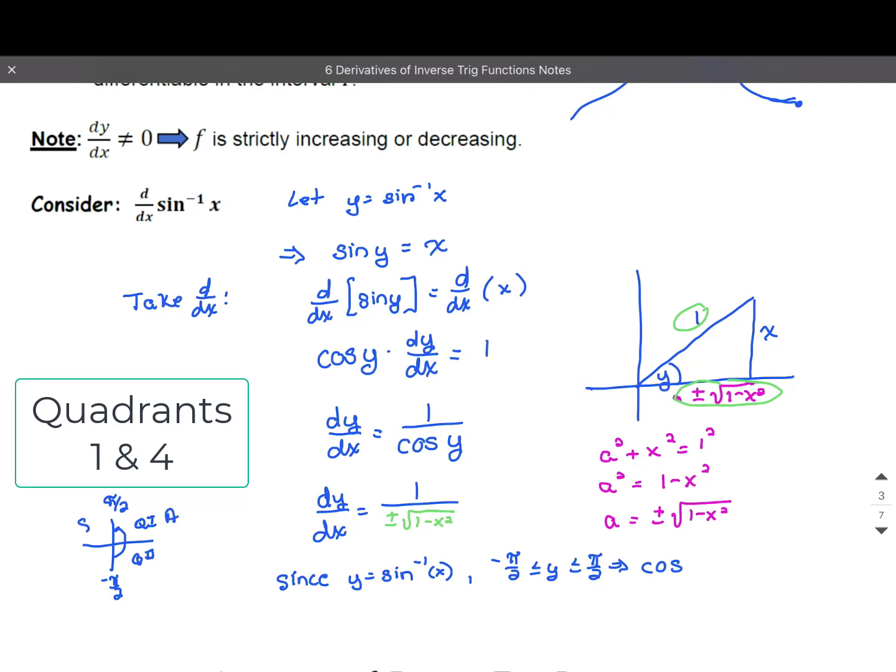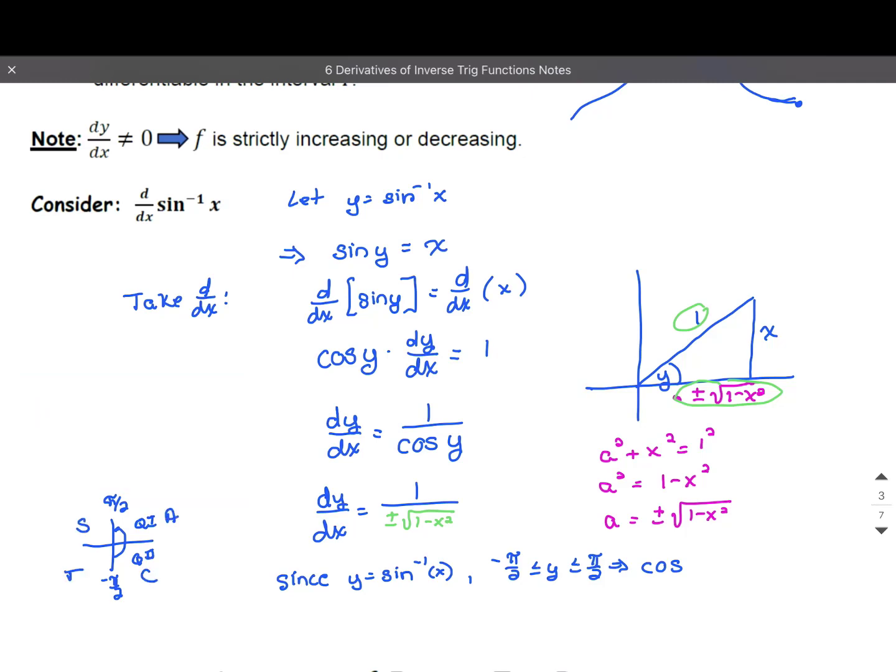And all students take calculus. Cosine is positive. So that means that our dy/dx equals 1 over positive square root of 1 minus x squared. There we go. Now we found it.